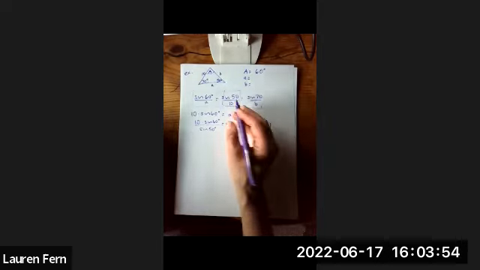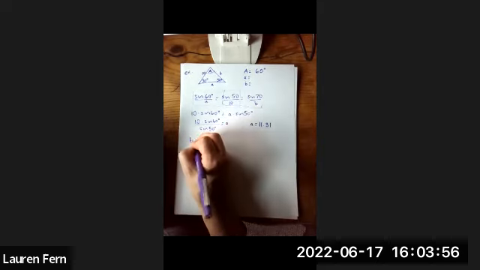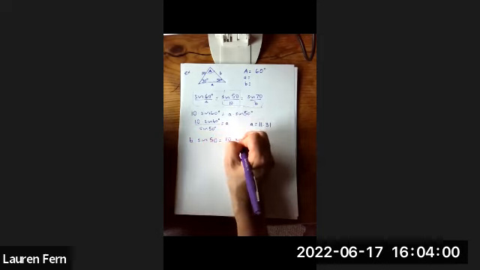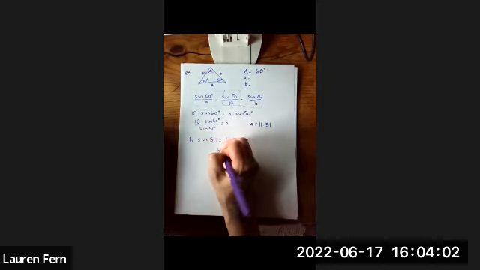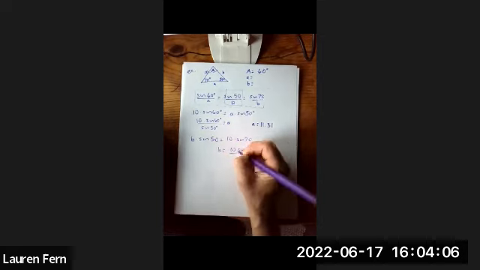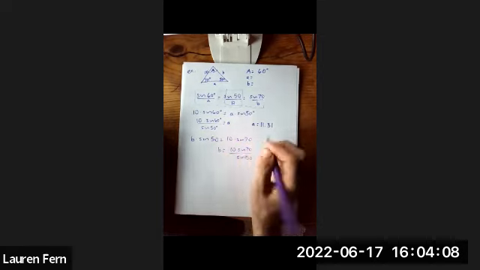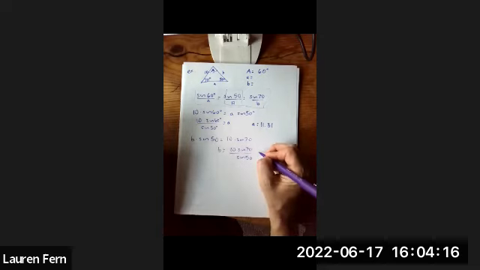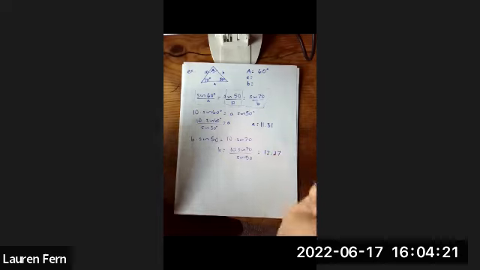Again, by setting these equal and cross multiplying, I get b times the sine of 50 is 10 times the sine of 70. Divide both sides by the sine of 50 degrees. And what I'm going to be solving for is 10 times the sine of 70 degrees, and then I'll divide that by the sine of 50. And I'm going to get b to be 12.27.